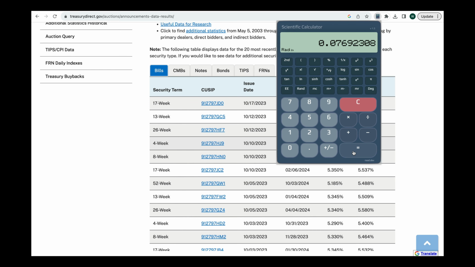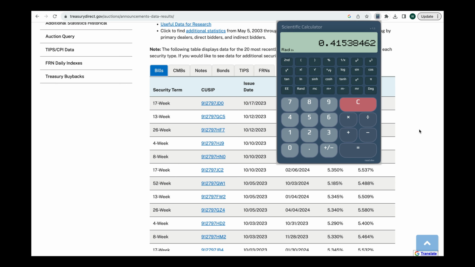That comes up with 0.076, and we're going to multiply that by the percentage annually, which in this case is 5.4%, so times 5.4. And so in those 4 weeks, we're actually only going to return 0.415%.